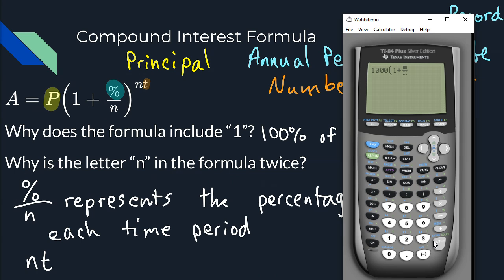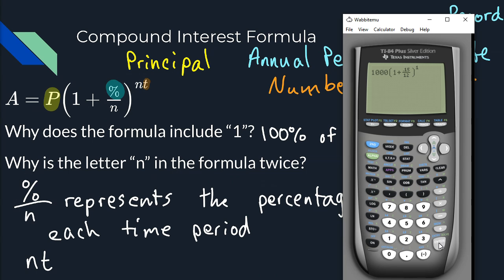We're going to do a 15% interest rate, so I need to do 0.15. And we're going to calculate it monthly. So we're dividing by 12. And then we're going to raise that just to 1 year.